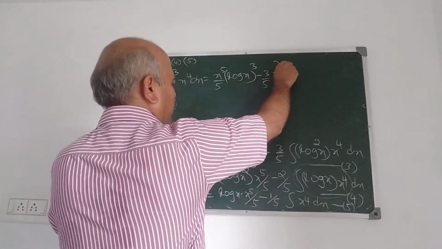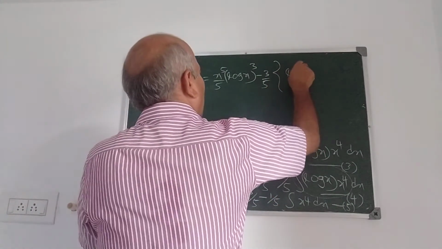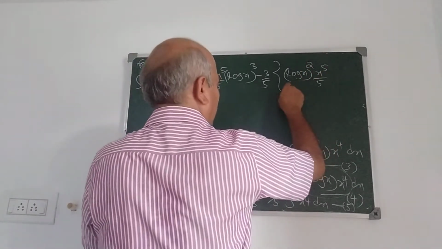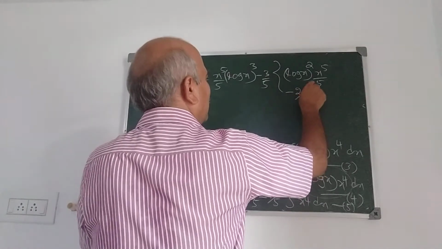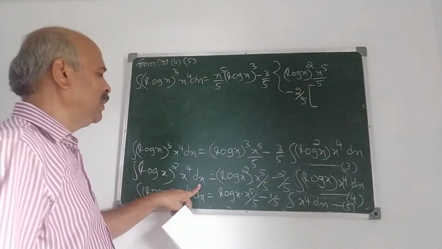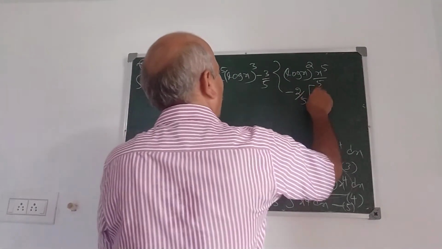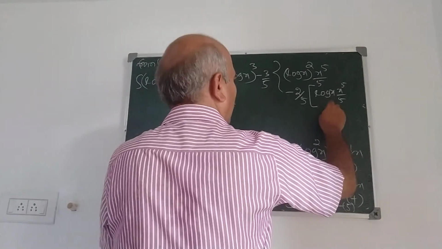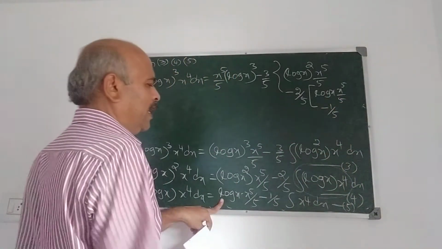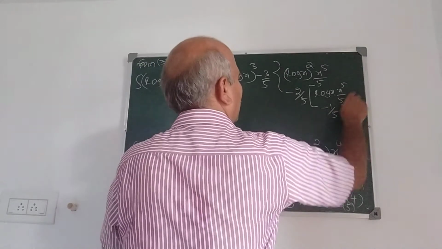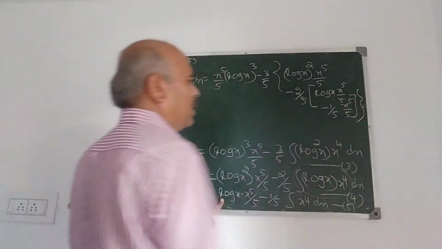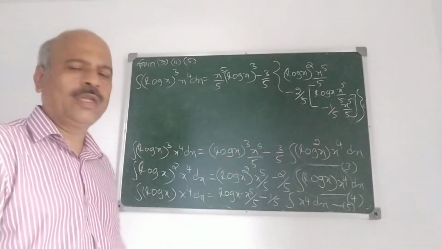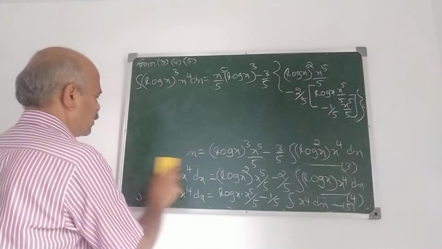It is log of x whole square x raised to 5 by 5 minus 2 by 5 into this log of x, x raised to 5 by 5 minus 1 upon 5. What is integration x raised to 4? X raised to 5 by 5. You verify again. Using 3, 4, 5, we get this.